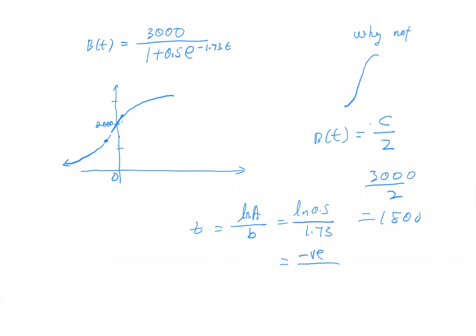They can ask you, for this case, when does B increase at the fastest rate? And for this case, it is at the beginning. So you don't keep looking for this. So if it's a logistic function and it doesn't involve the inflection point, the rate of increase will be fastest at the beginning.